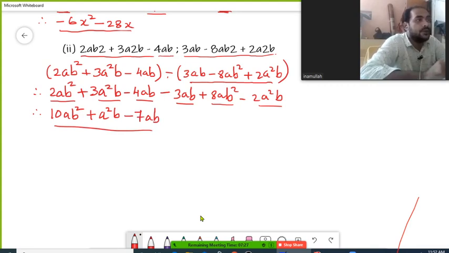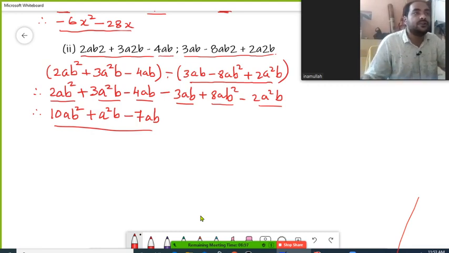So when you subtract the second polynomial from the first polynomial given in question number 2, you will get 10ab square plus a square b minus 7ab. So this way you can add or subtract polynomials. Hope it is clear to everybody how to add and subtract.